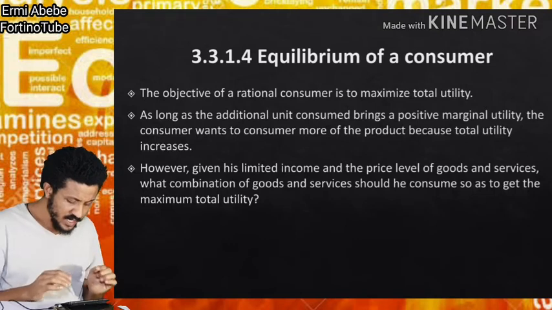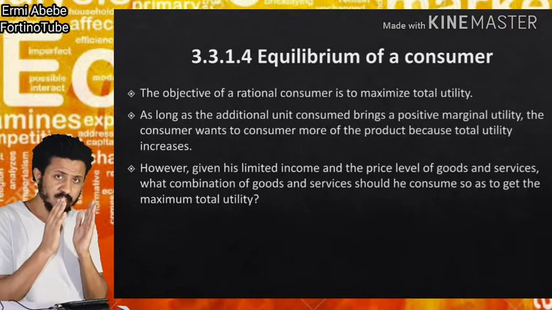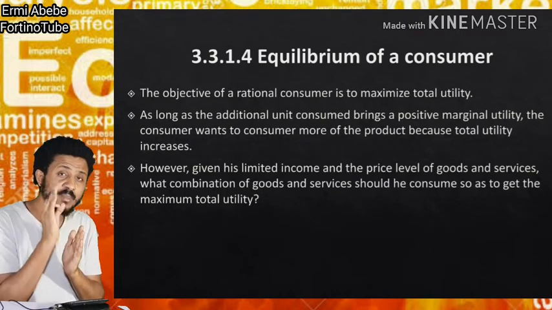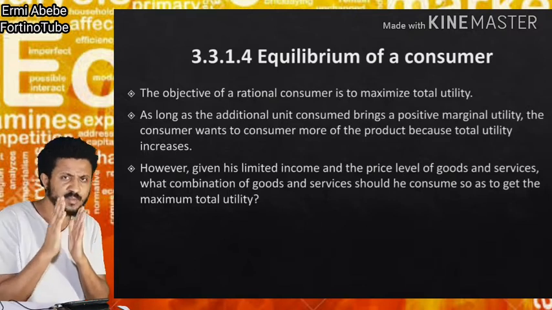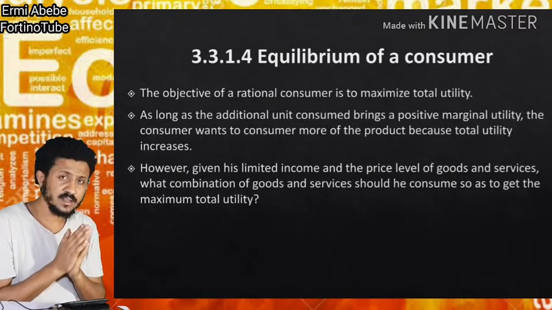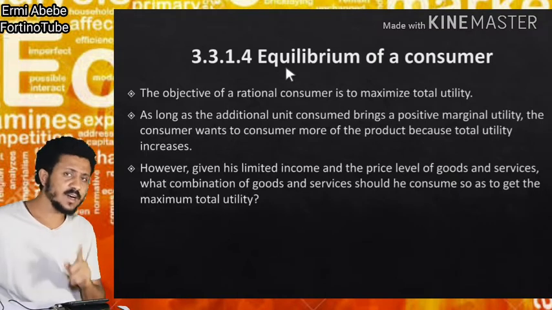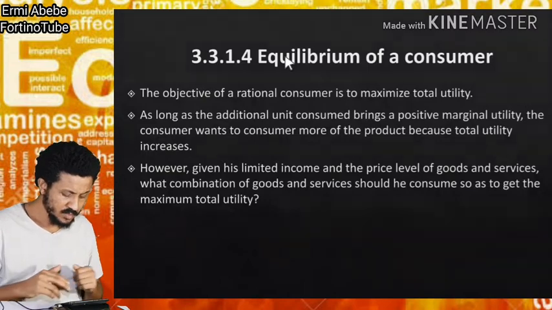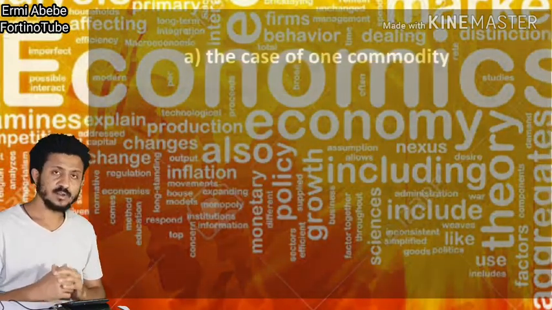So we have to find the exact point at which the consumer must stop consuming. That point is called the equilibrium quantity.